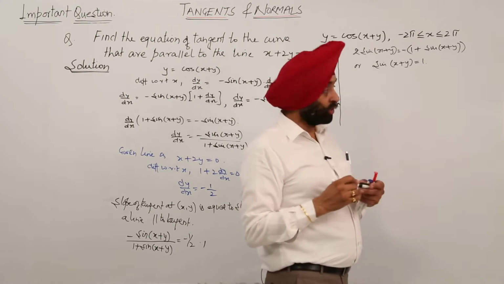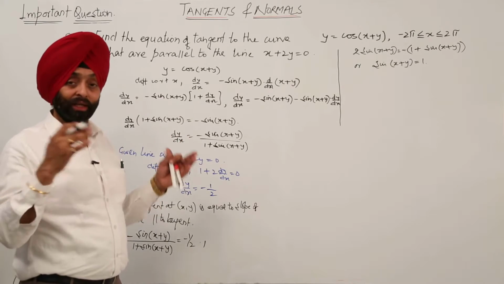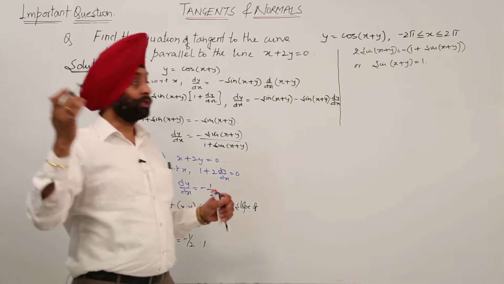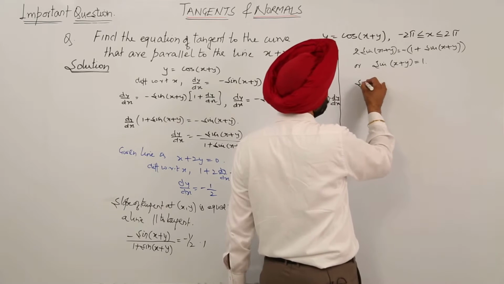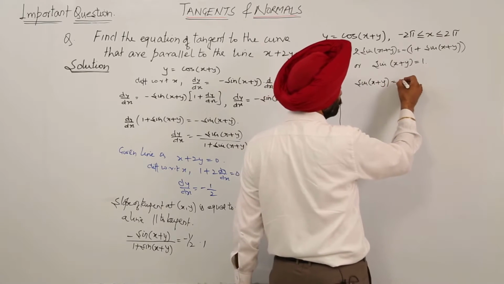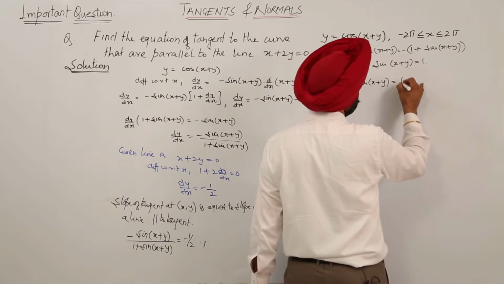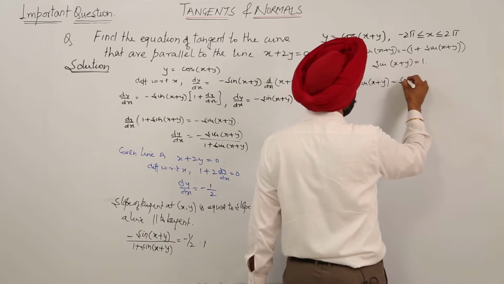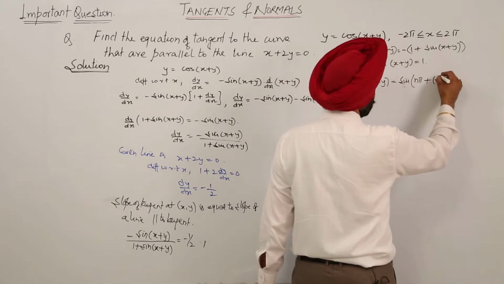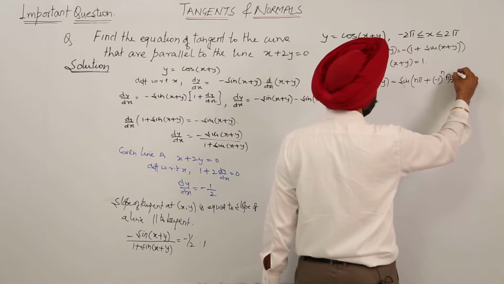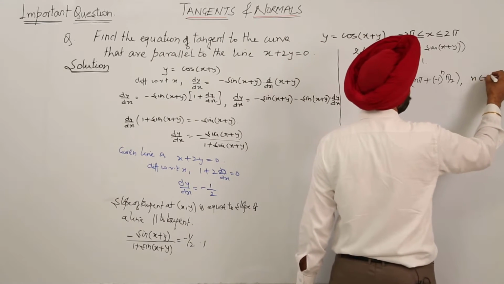Now you have already done in the equations that when sin α is equal to sin β, or sin x is equal to sin y, at that time we had... now sin(x + y) is equal to, now 1 is for sin π/2, sin π/2 is 1, so we can write this as sin(nπ + (-1)^n π/2), where n belongs to Z, integers.